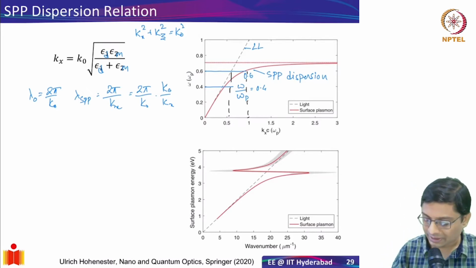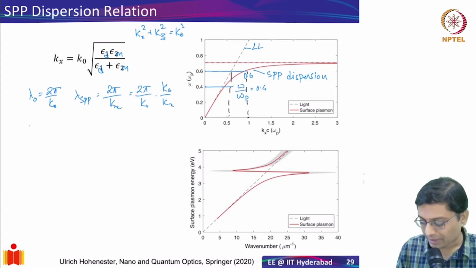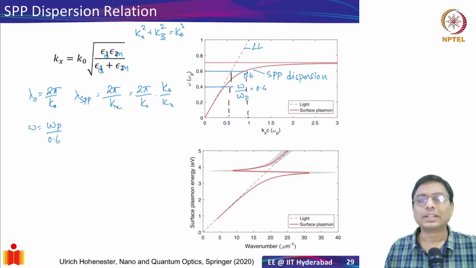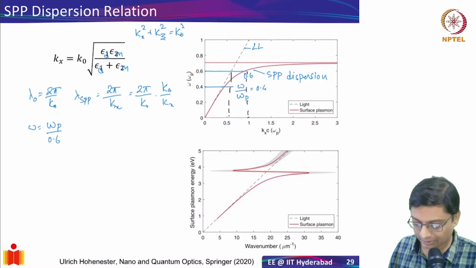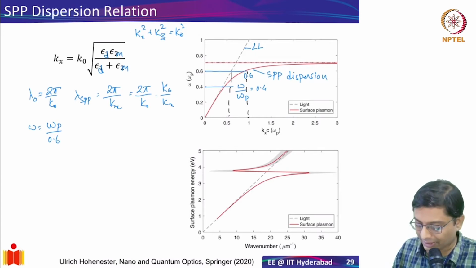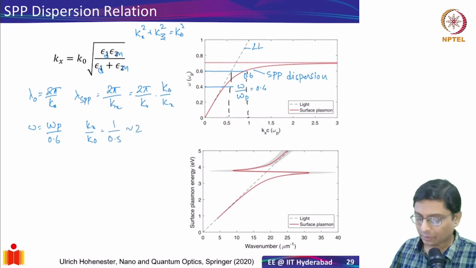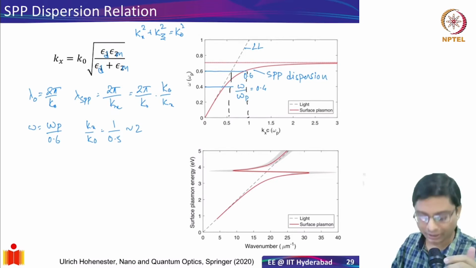So, if I take my omega incident equal to 0.6 omega p, that's the wave frequency I chose. In that particular case, my kx by k naught is going to be roughly 1 divided by 0.5, that is about 2. Now, what does it mean for that particular plasmonic wave, the surface plasmon polariton?